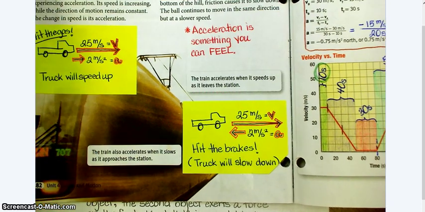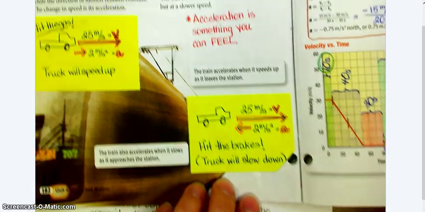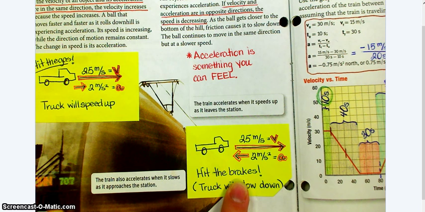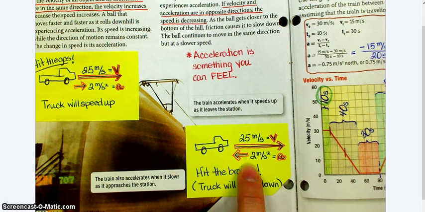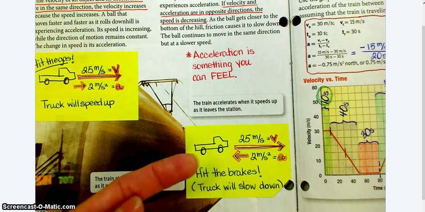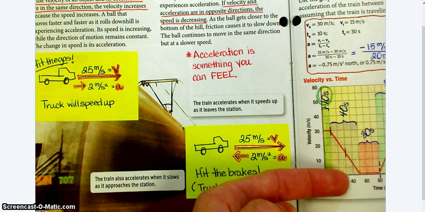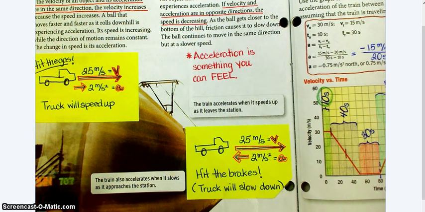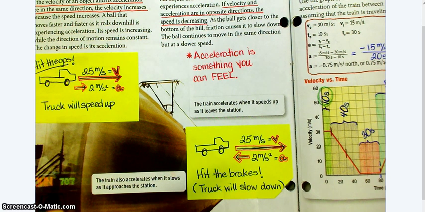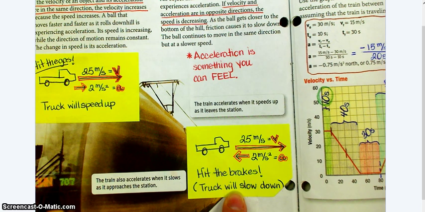Okay? Then you've got this other situation down here where you have the truck moving to the right at 25 meters per second, but this time you've hit the brakes. And the acceleration is going to be directed in the opposite direction, like against or in the opposite direction to the velocity. Now, the truck still moves this way, okay? But because the acceleration is to the left, what that is going to wind up doing to the truck is causing it to slow down.